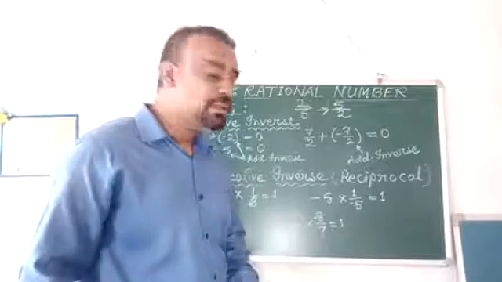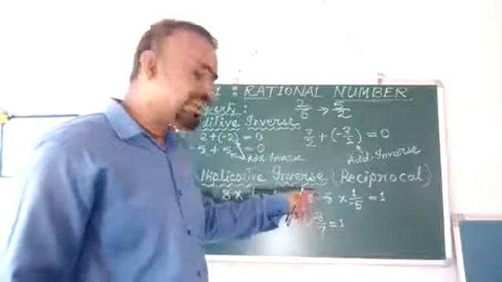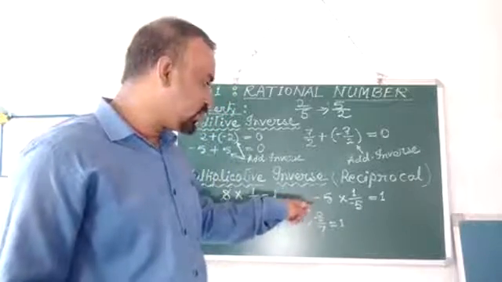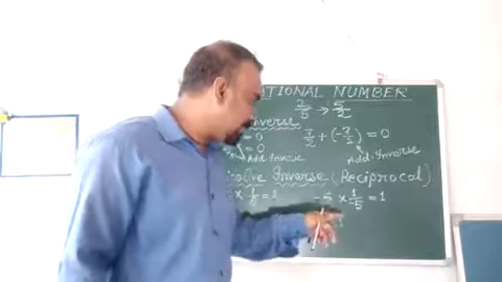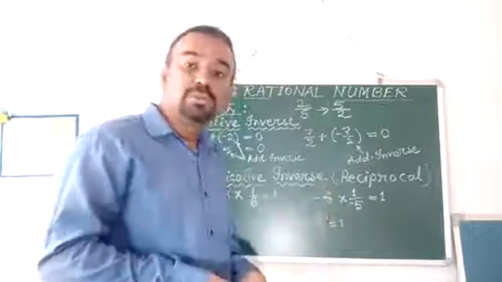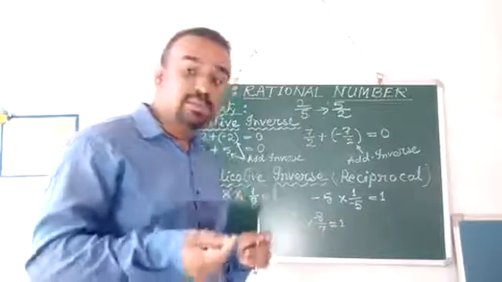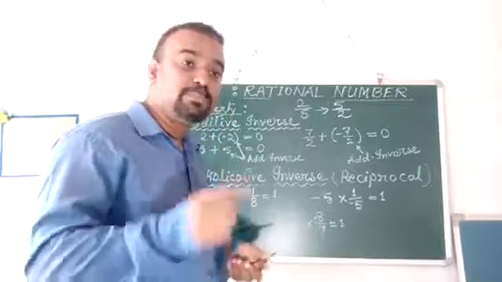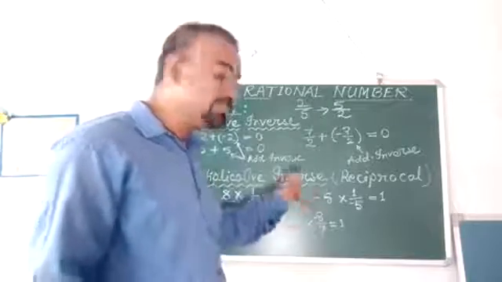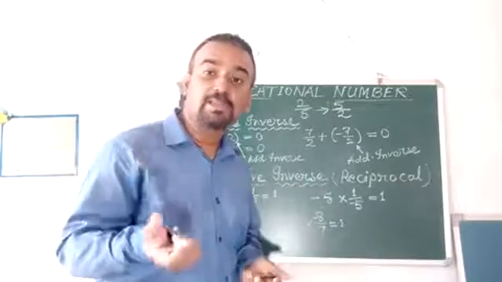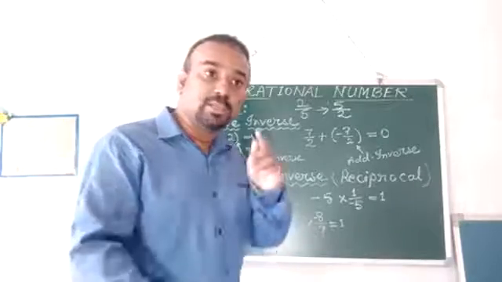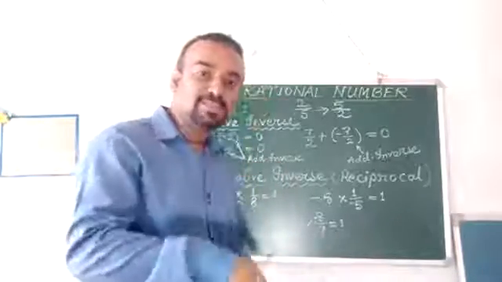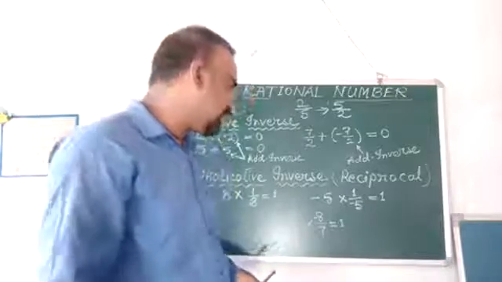The second example was of an integer. We took minus 5. What number should we multiply? Obviously we have to do the reciprocation. We have to find the reciprocal of minus 5. Again, minus 5 has a 1 below it. If you reciprocate, 1 will go on top and minus 5 will go at the bottom.